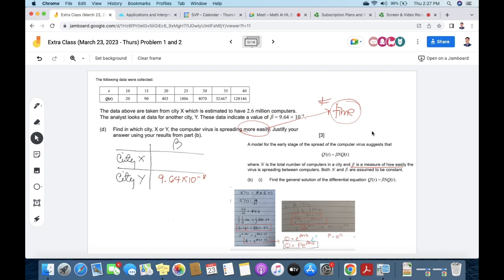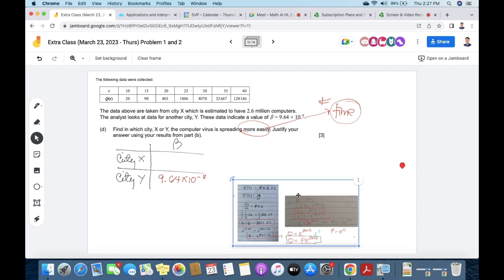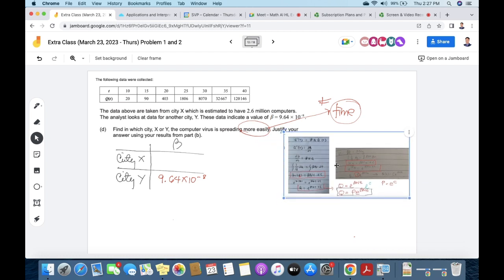So I have here two solutions: the one that I answered a while ago and the one that I just answered right now. Okay, let me erase this. All right, then I will be using the equation that we've derived just now.